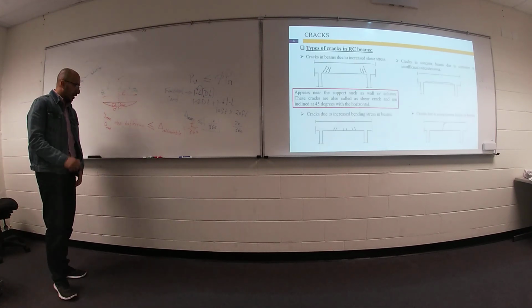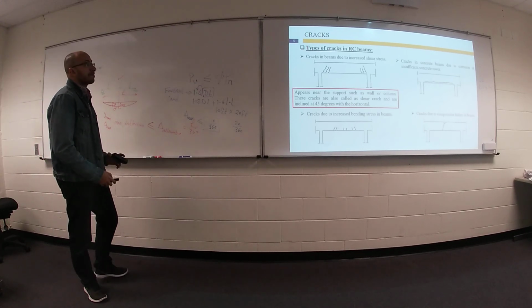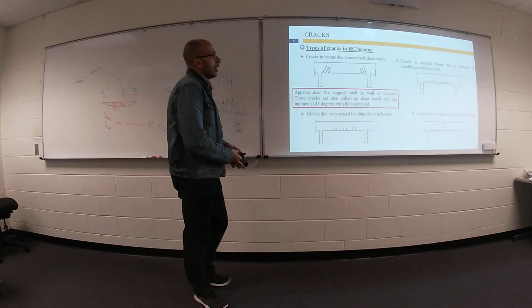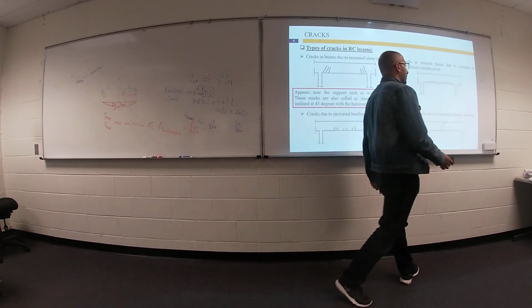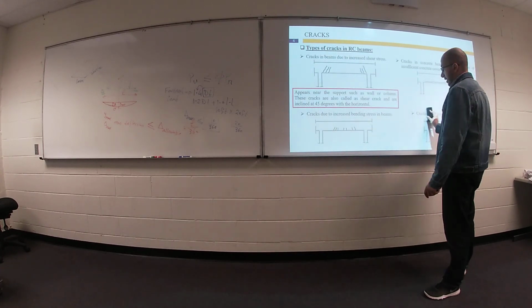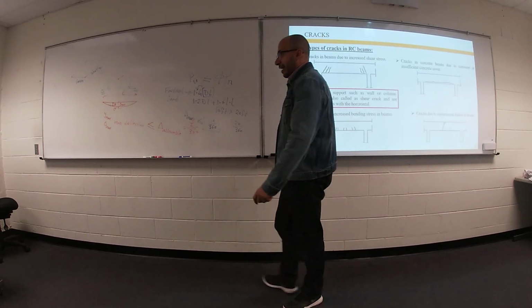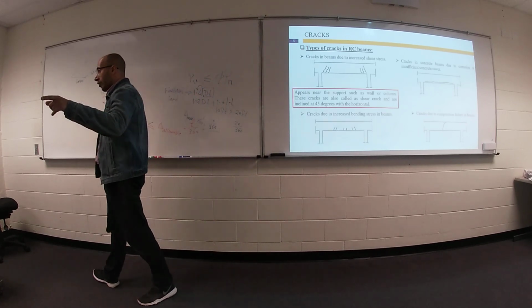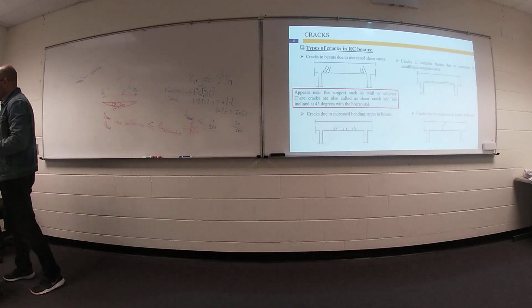The second one, I would like to talk about this point, and you can expect one question in your exam. Just diagrams. Maybe you need to draw or figure it out.